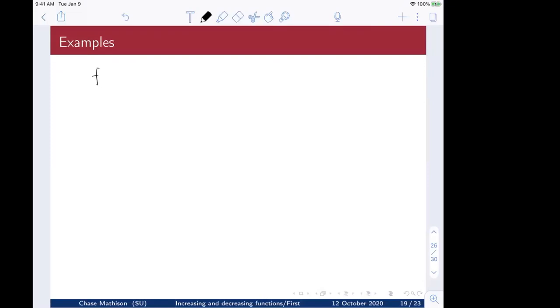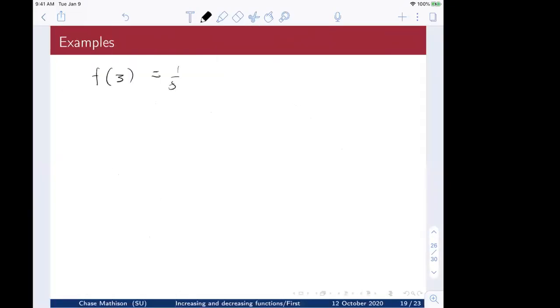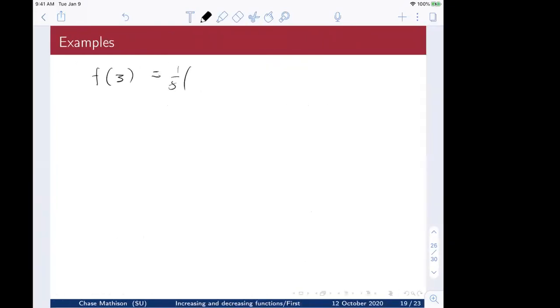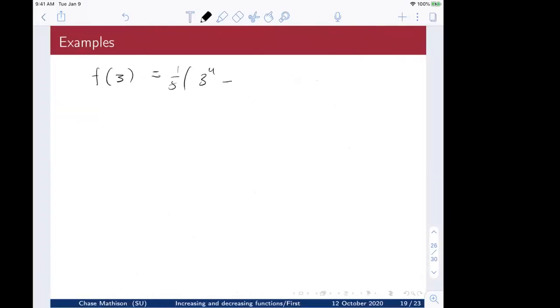So I wanted to know f of 3, which is equal to 1/5 times 3 to the 4th minus 4 times 3 cubed.